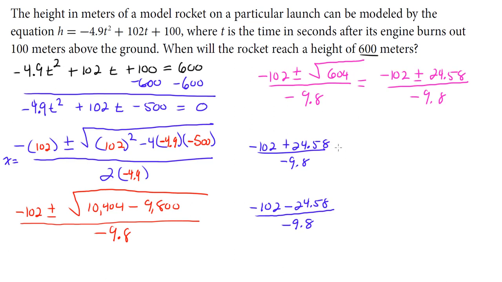So, first fraction, negative 102 plus 24.58 is negative 77.42. And negative 77.42 divided by negative 9.8 is approximately positive 7.9.